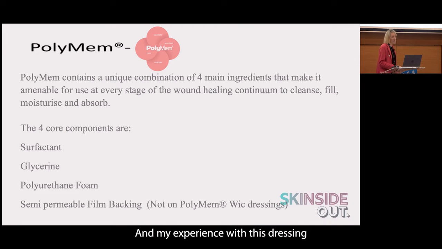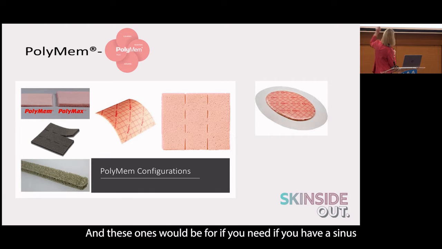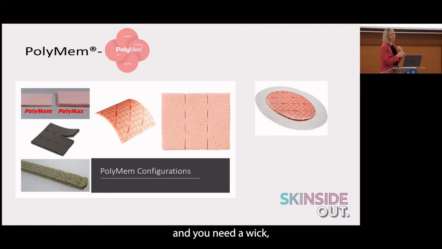My experience with this dressing is that it comes in different sizes and shapes. We often recommend the one up the top there that has the backing and the plastic on it. This one here and these ones would be for if you have a sinus and you need a wick, so you have a sinus tract and you need it packed.